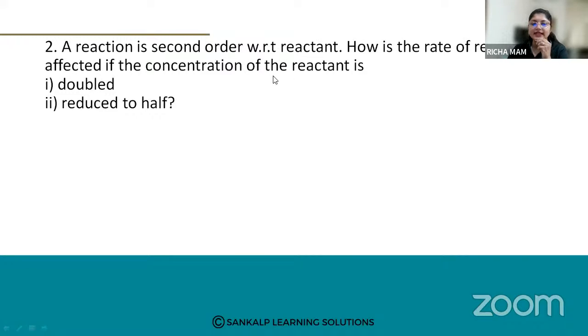A reaction is second order with respect to reactant. How is the rate of reaction affected if the concentration of the reactant is doubled or it is reduced to half? So there are two conditions now. The reaction is second order with respect to reactant. Let us write the reaction.